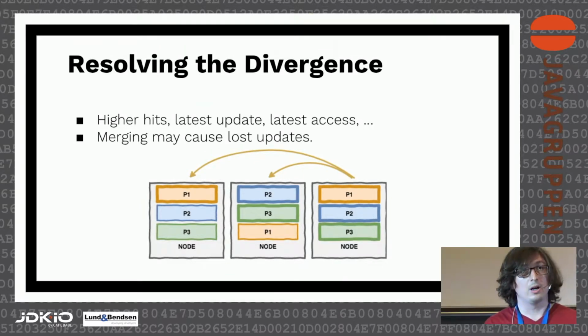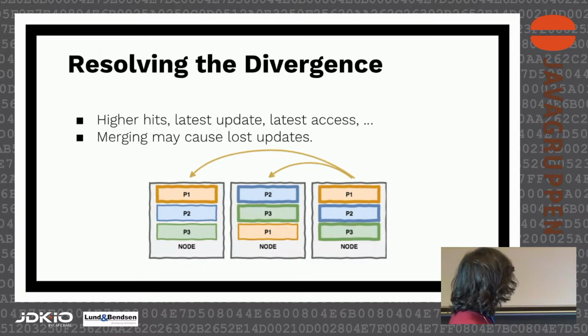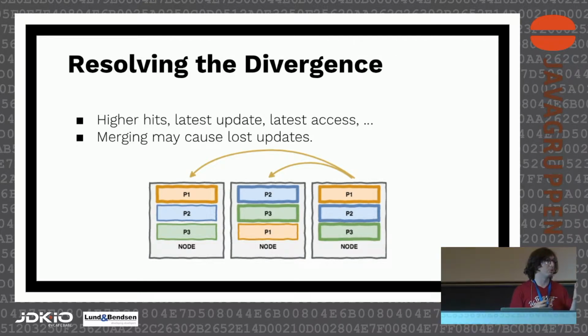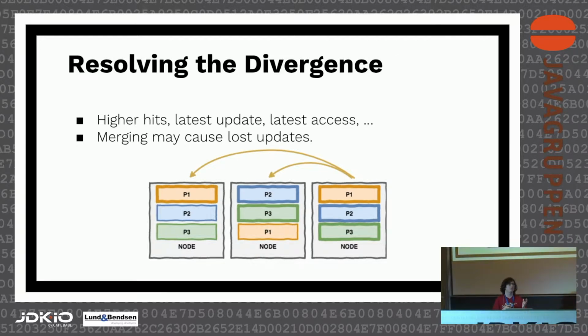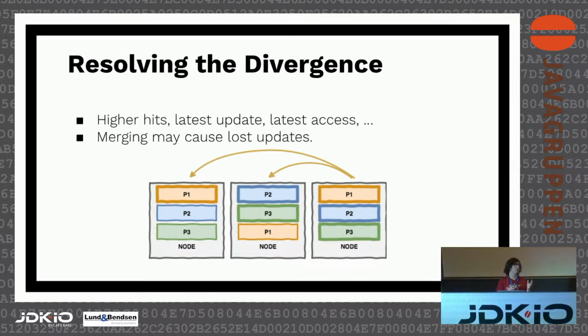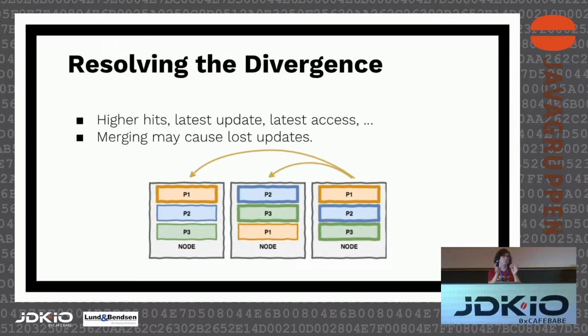After some time, when the network problem is resolved, these subclusters discover each other, and this time the smaller side sends its data to the bigger side for merging. We can use different merge strategies for this. For instance, if we have two different values for the same key, we can pick the one with the higher number of hits, or the one with the latest update time or latest access time, etc. Or we can write a custom function to merge these two values based on our application logic.